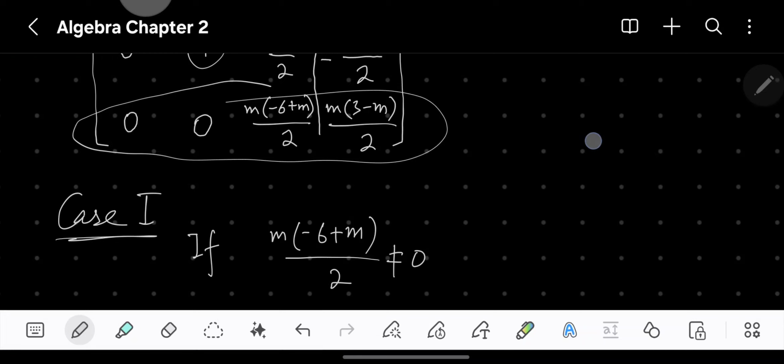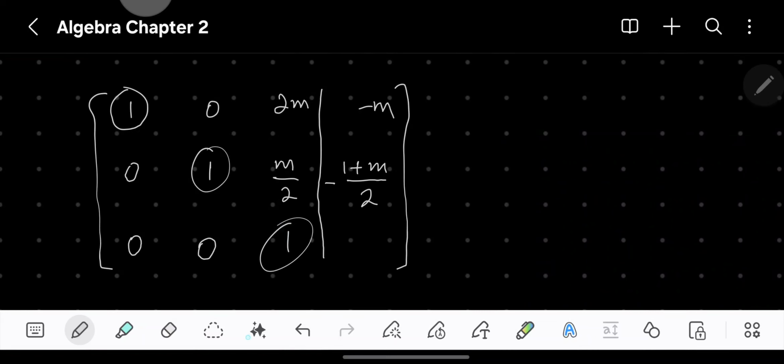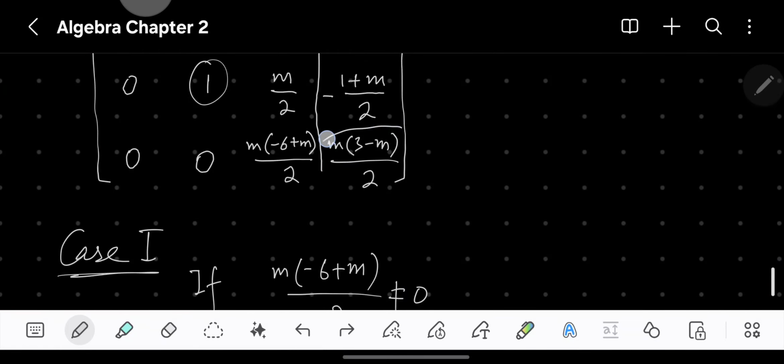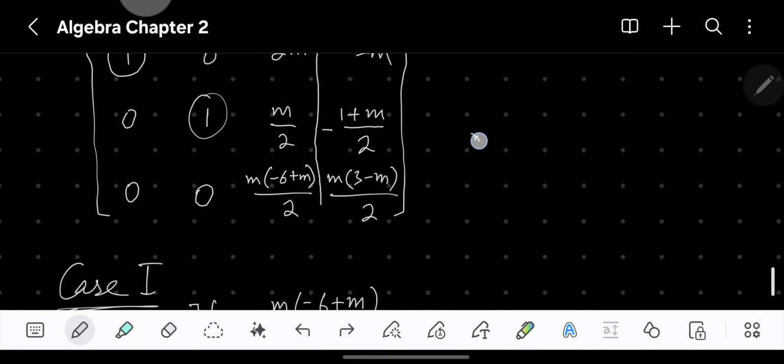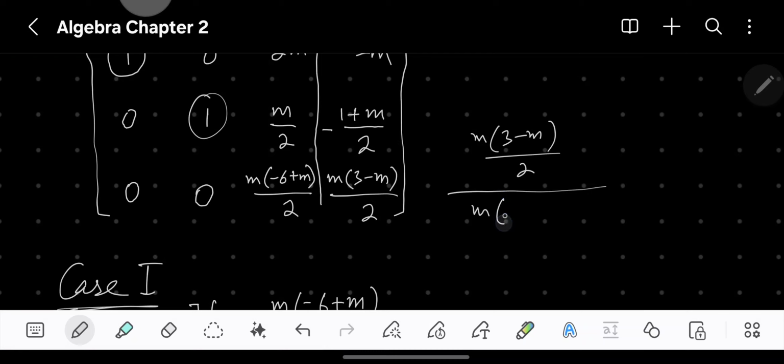So this will become 1. What will happen to this thing? This became 1. What should I write here? Let's do some calculations. Since I have to divide this entry also by this one, I should write m times 3 minus m divided by 2, divided by this entry, because I am dividing this whole row by this: m times minus 6 plus m by 2.